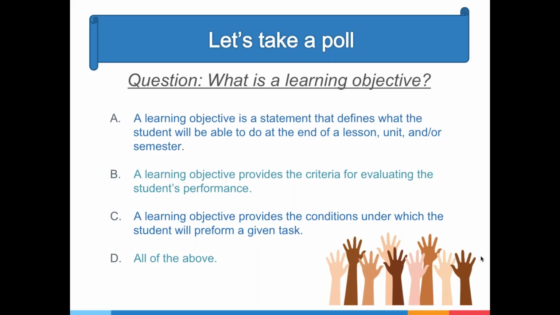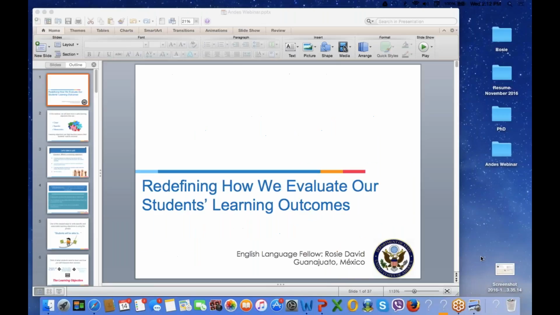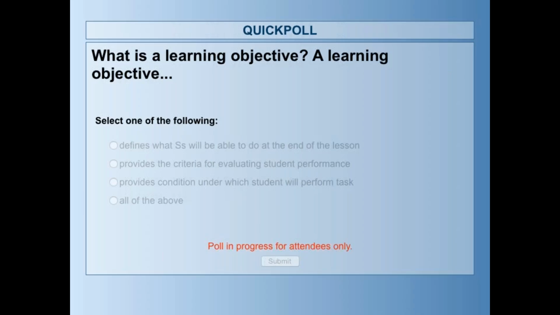B, a learning objective provides the criteria for evaluating the student's performance. C, a learning objective provides the conditions under which the student will perform a given task. And finally, D, all of the above. So please take a second and tell me what you think this is.